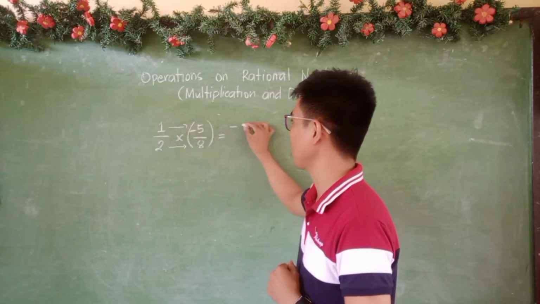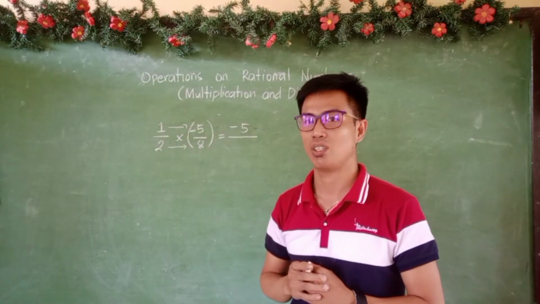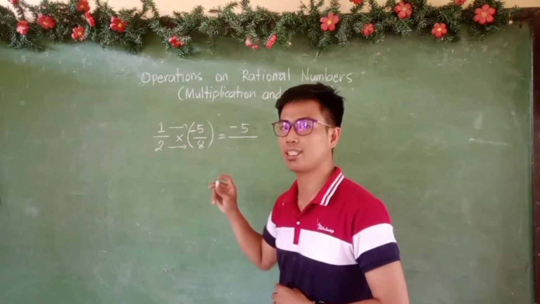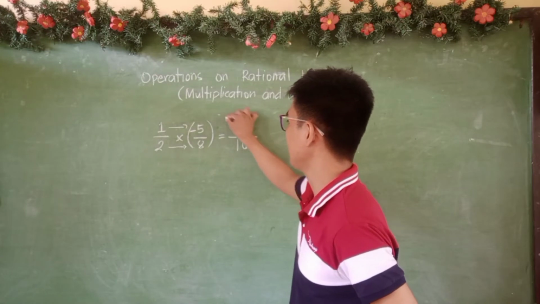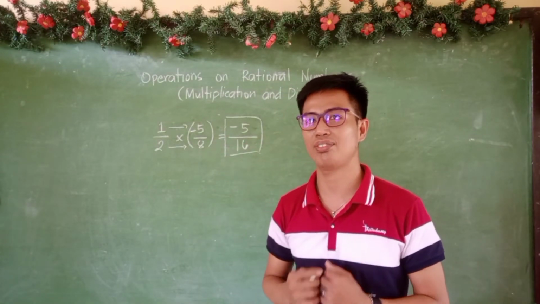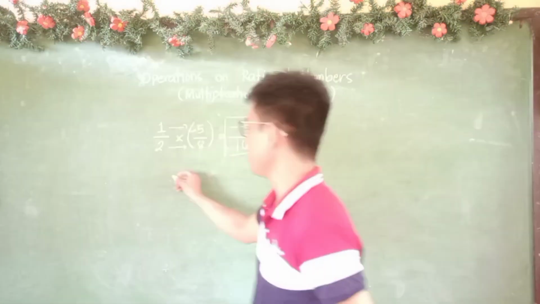And 1 times 5 is 5. So the result will be negative 5. And for the denominator, we have 2 times 8, that is 16. And that is our answer, negative 5 over 16.